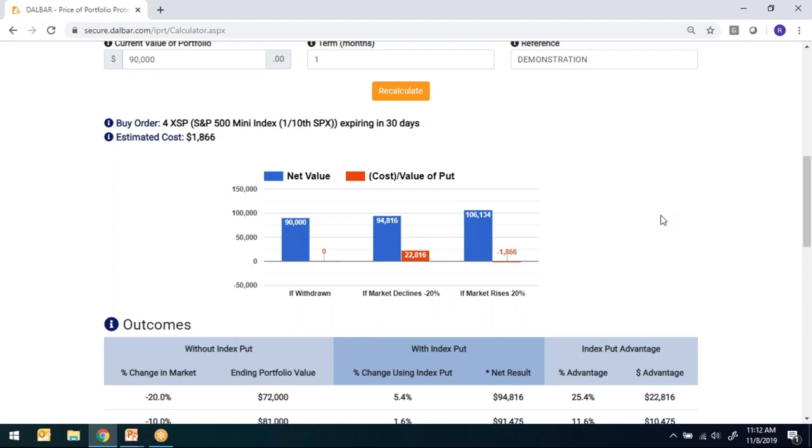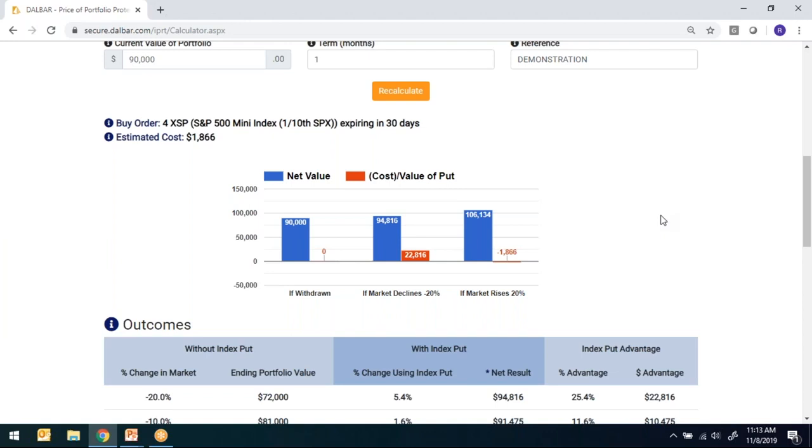If the market did decline and they did purchase the put, and the market declined 20%, their value would go from $90,000 to $94,816 by virtue of $22,816 in proceeds from the put option.